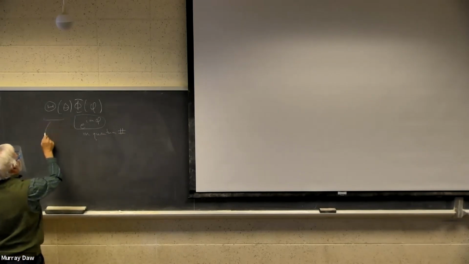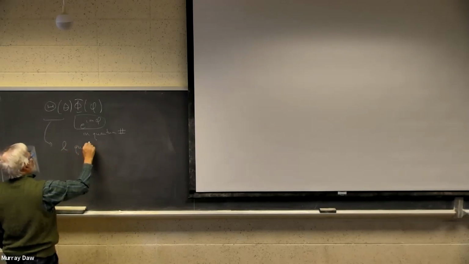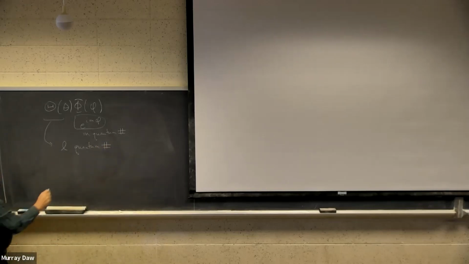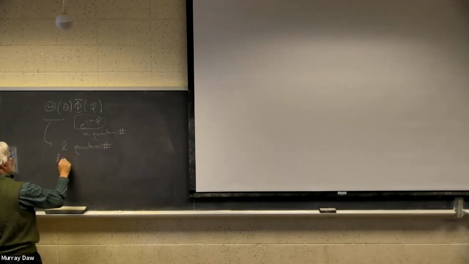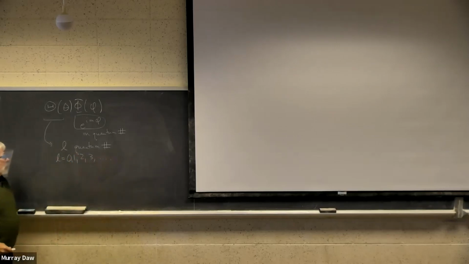But when we solve this differential equation, we find there's another quantum number, L. And these solutions for L can be any integer starting with 0. But then m is restricted.